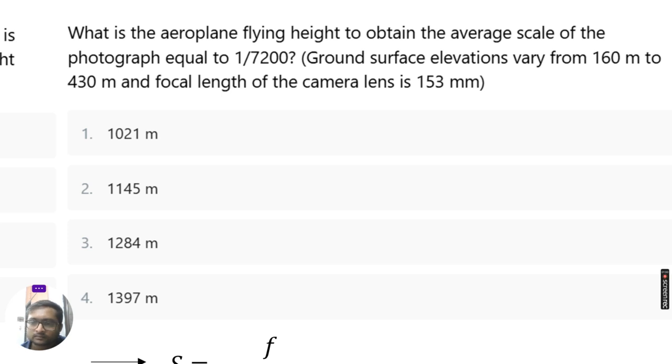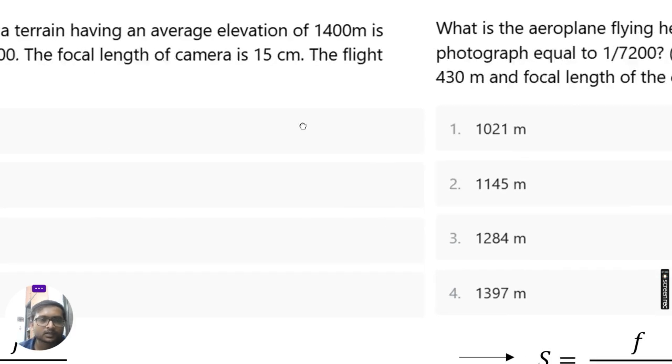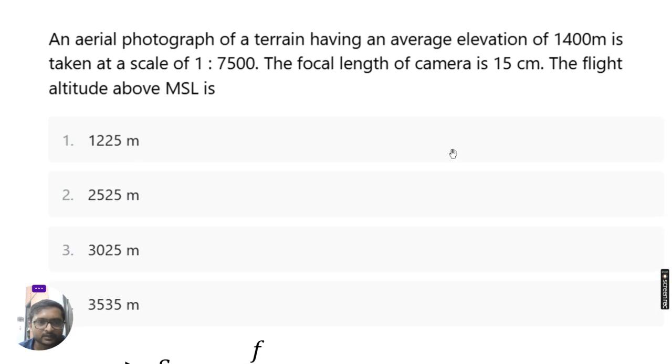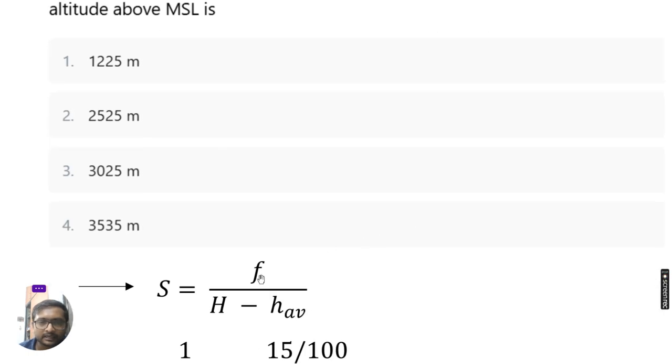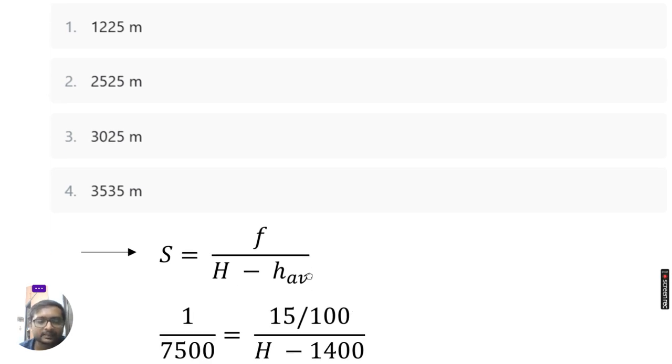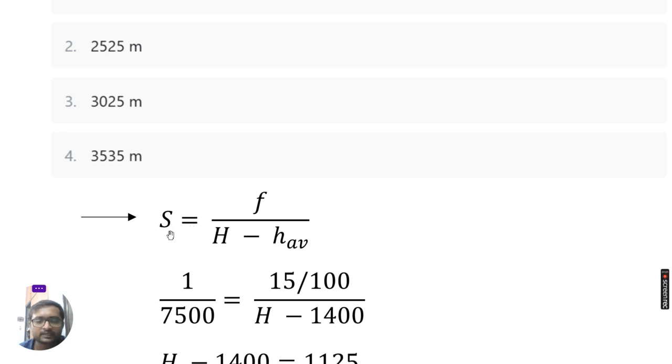Sir, kindly show me the previous question. So this is the previous question where we have average elevation, scale, and focal length of camera. We solved that question using this formula, S is equal to focal length divided by capital H minus average height of the terrain, where S was 1 raised to 7,500 and focal length was 15 centimeters.